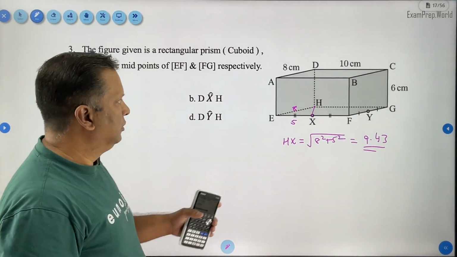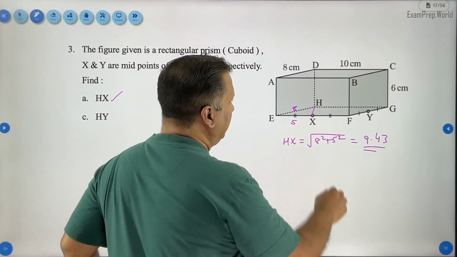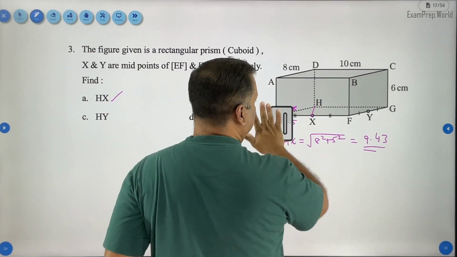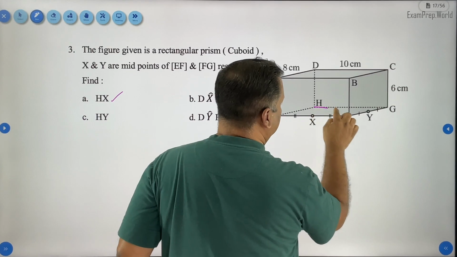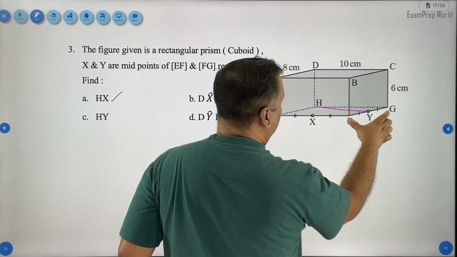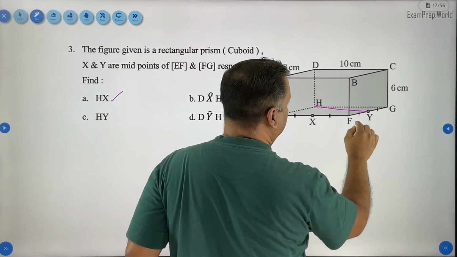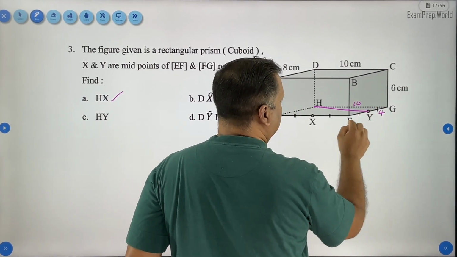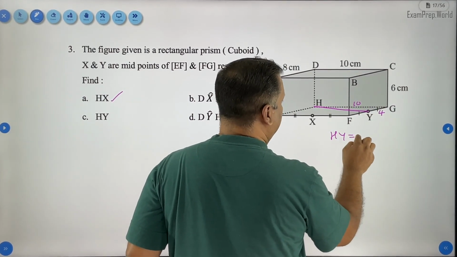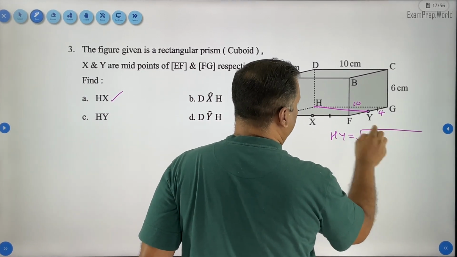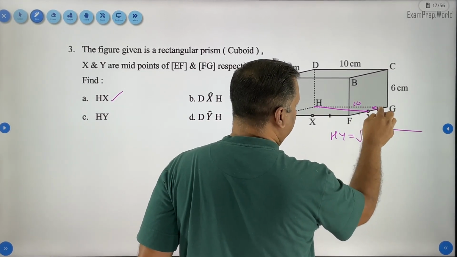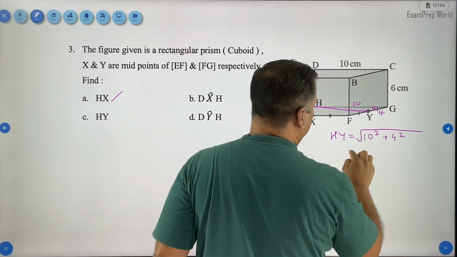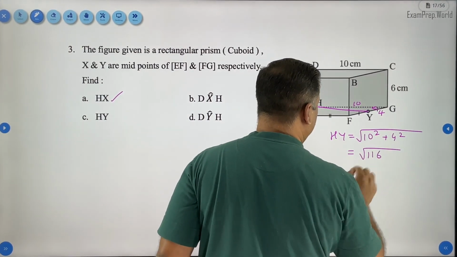HY. Now, if you join HY here, I'll erase this HX so that it doesn't confuse you. Now, we have to find HY. So, this side is how much? 8, because this is 8, this is also 8. So, this side is 4. And what is this side? 10. So, HY will be equal to root of 10 square plus 4 square, because HY is the hypotenuse for that triangle, which has 90 degrees here. That is root of 116.